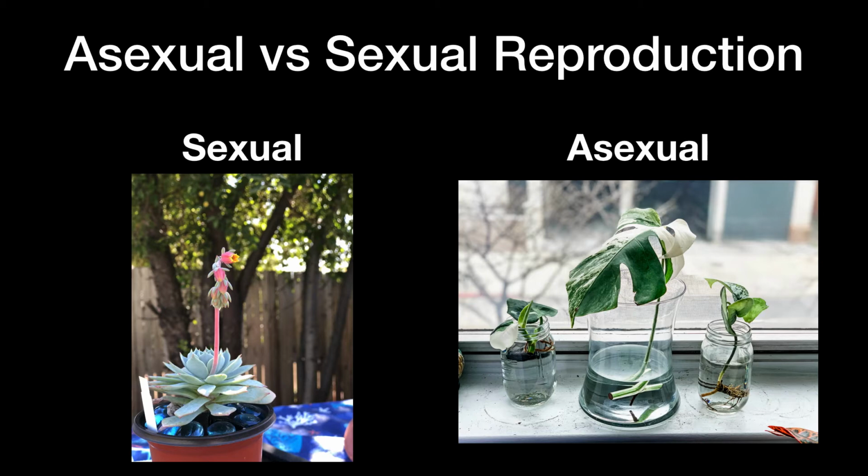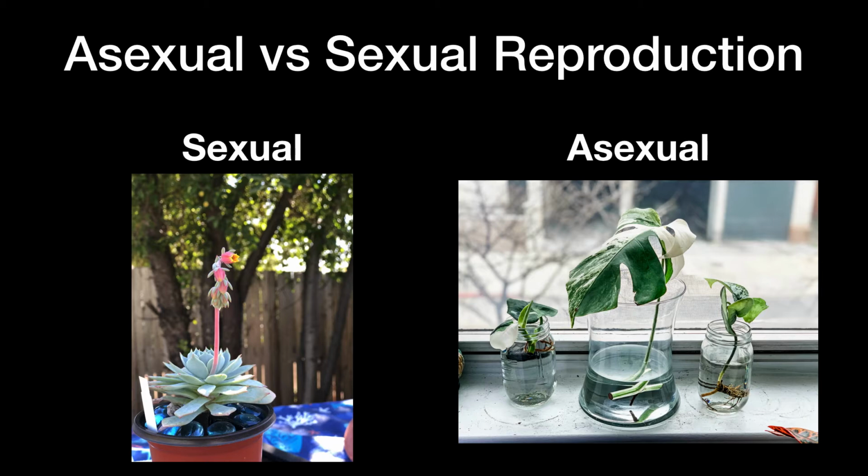Now, asexual reproduction, seen by the Albo monstera cutting on the right, is reproduction from a single parent plant, and that regenerates an exact copy of the parent. That offspring will be genetically identical to the parent.